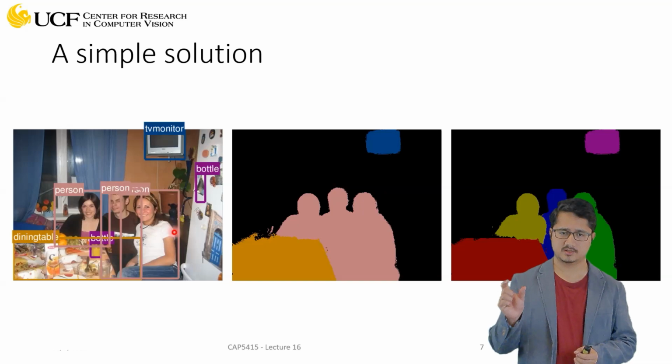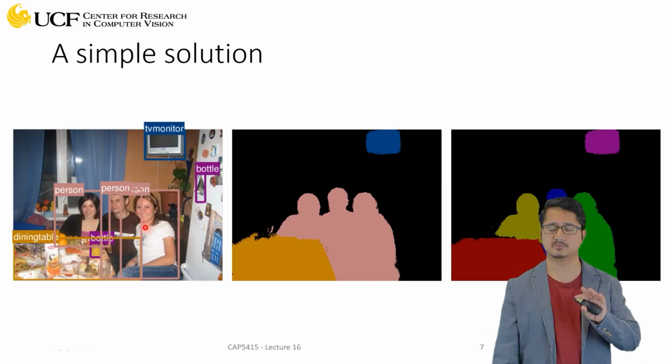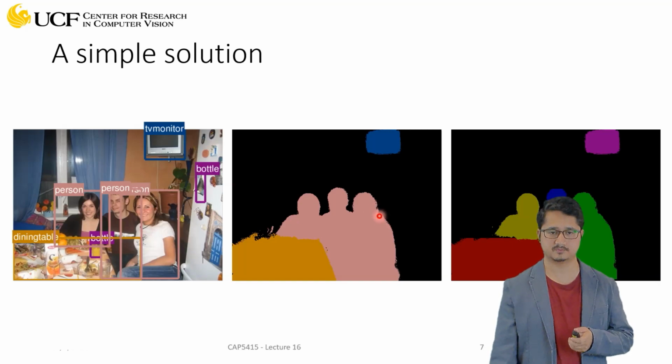And since your bounding box surrounds each instance separately, you have some rough idea about which pixels actually belong to which instance. And you can use this information to separate two different instances of the same category.